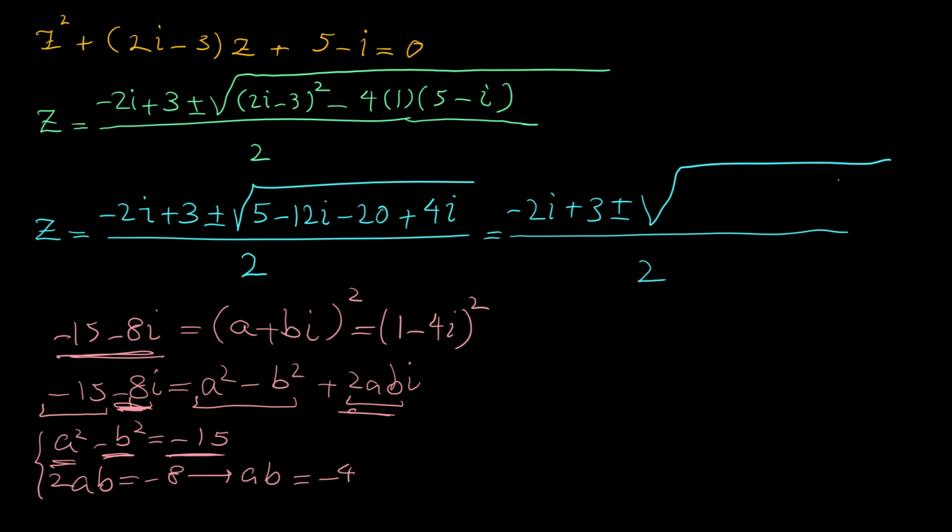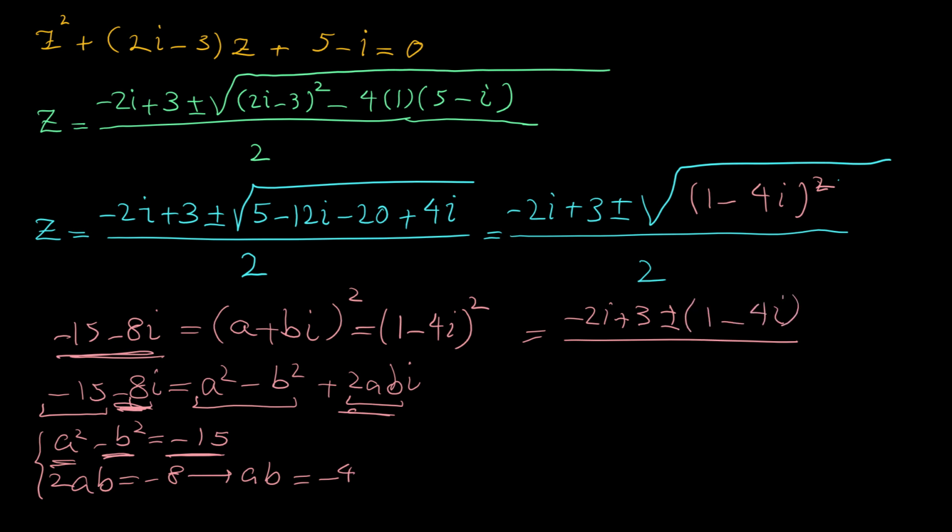1 minus 4i to the 2. Power 2 and radical cancel, so we have negative 2i plus 3 plus minus 1 minus 4i, divided by 2.